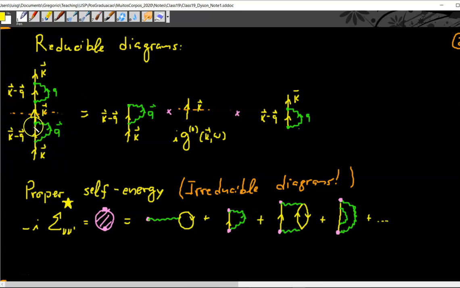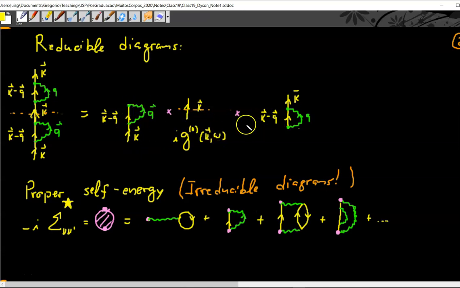Okay, so I can separate this into 3. This diagram, right, with two propagating lines and a single interacting line, and ends here, times this free propagating line times this other diagram, which is essentially identical to this, except it's reversed.